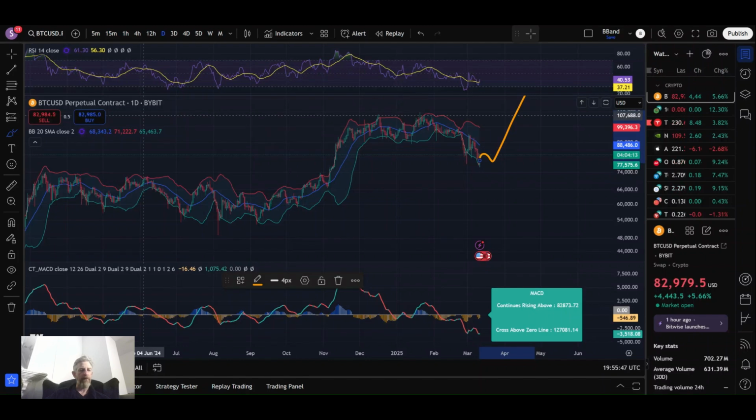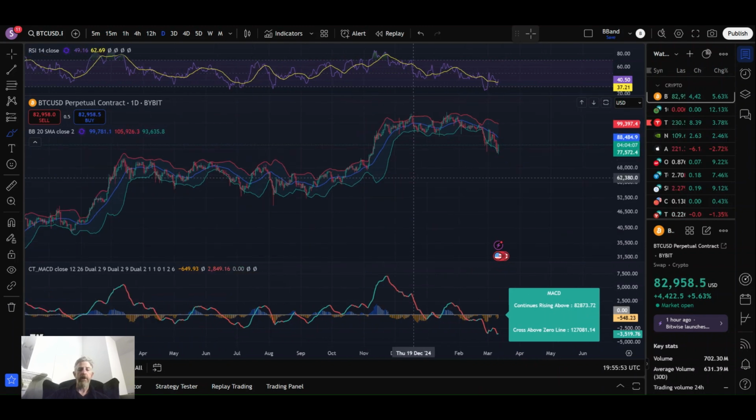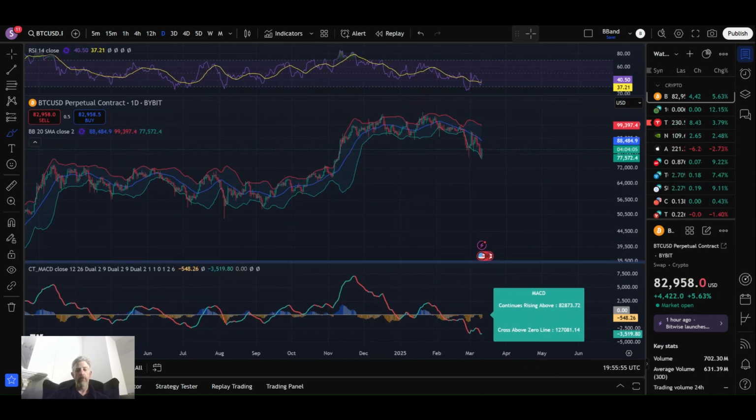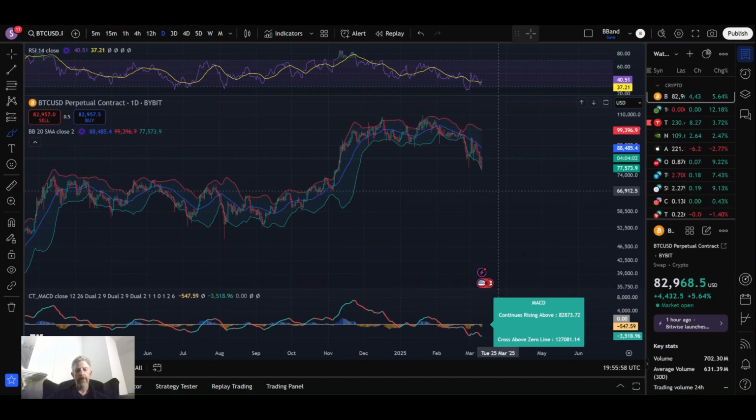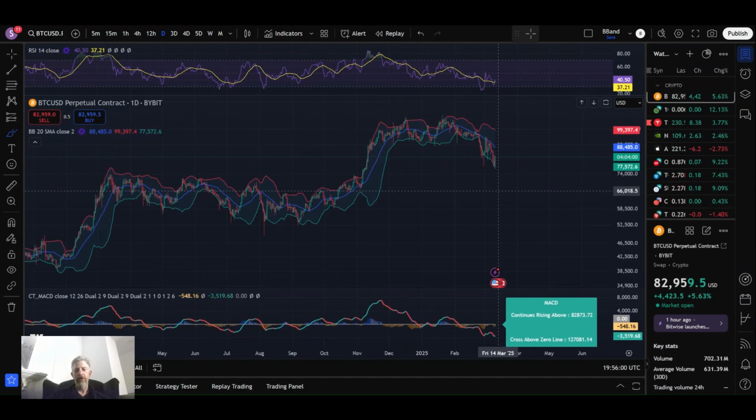So I think that could take some time. It'll just annoy everyone, not frustrate people. And then when you're least expecting it, there'll be a massive bullish, hopefully, move to the upside. And those of us who are left in the game will celebrate with plenty of squash and tangerines.